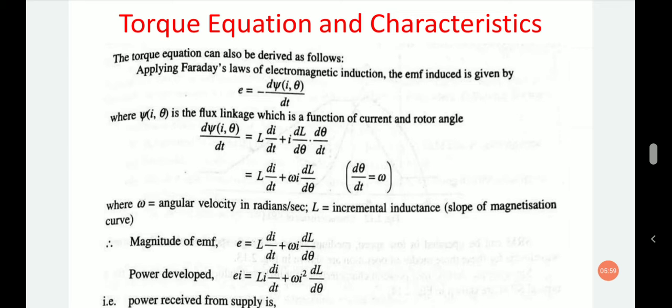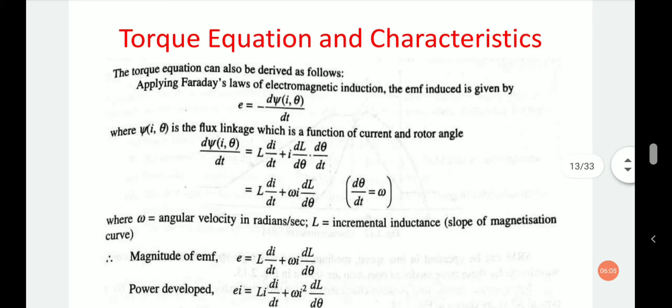The developed torque per ampere can be increased in different ways. First, the aligned inductance should be as large as possible, and this can be achieved by reducing the aligned air gap length. Next, the unaligned inductance should be as small as possible.